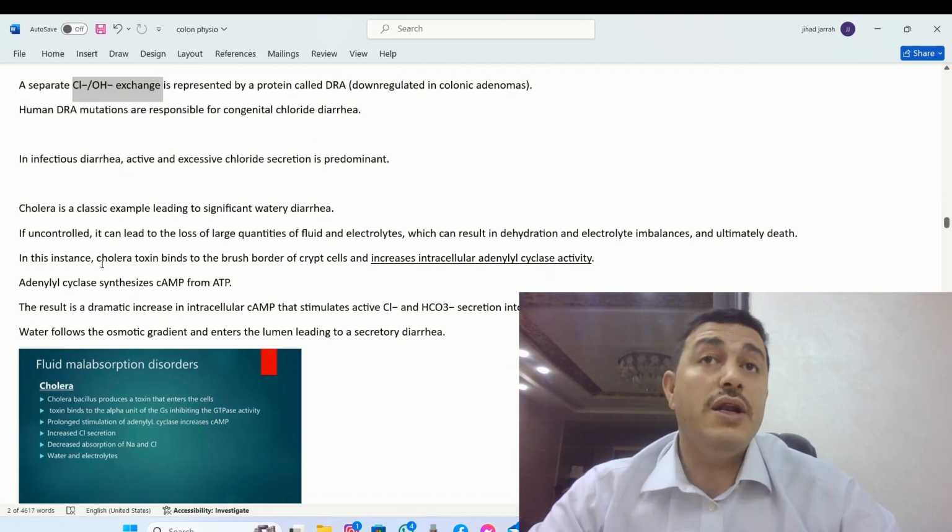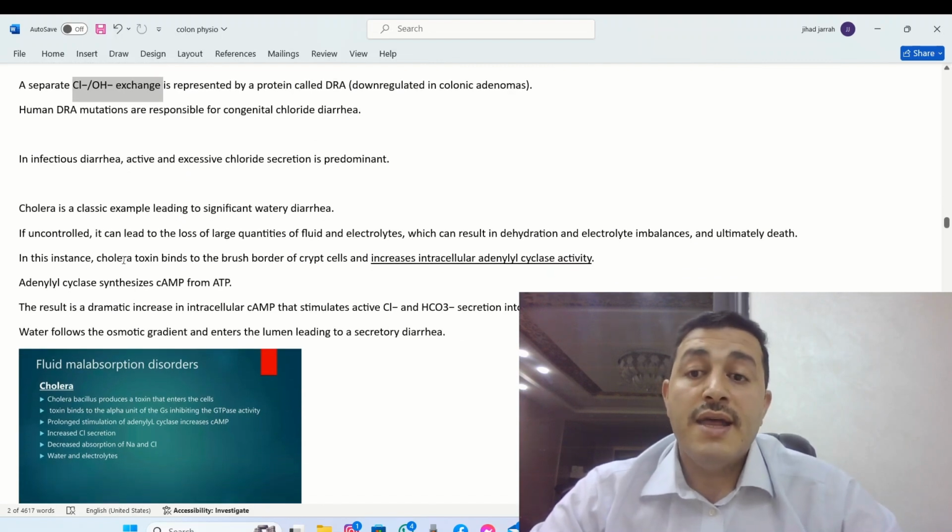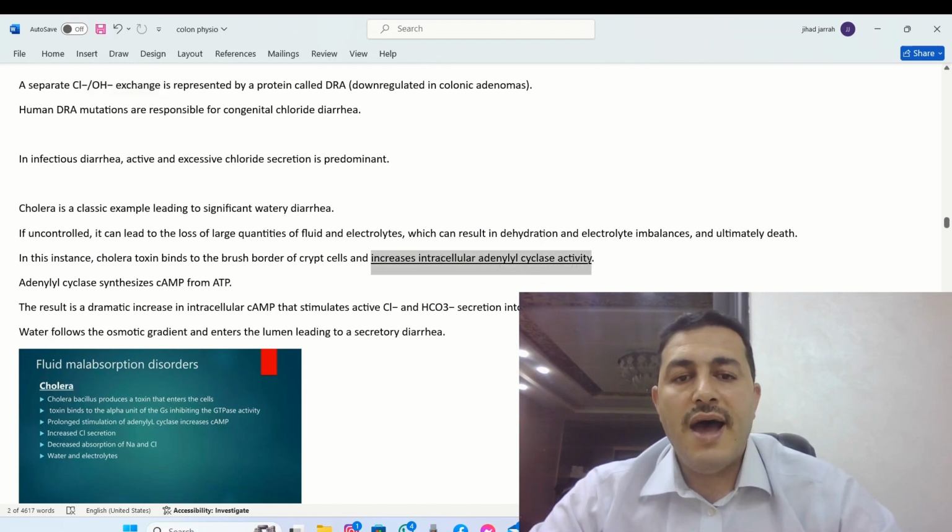Okay, cholera. Cholera's toxin will result in an increase in adenyl cyclase activity.